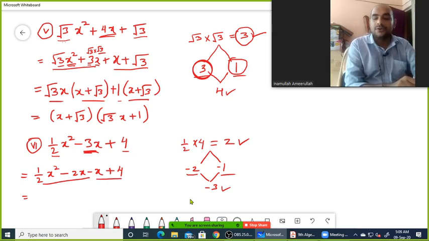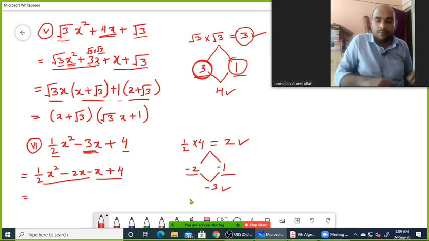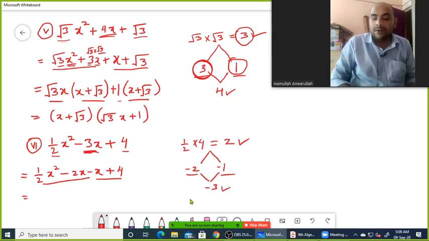In first two pair, we can take out a common factor. So x is visible, but here in first term we have 1 by 2 and the other factor is minus 2x. So question is, what common factor we can take here?